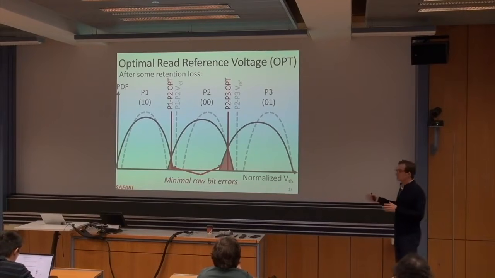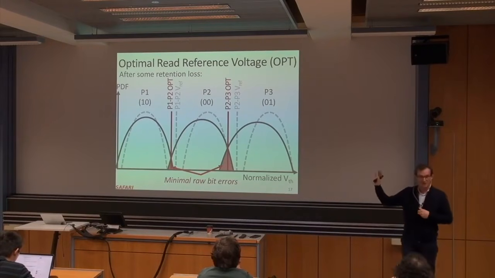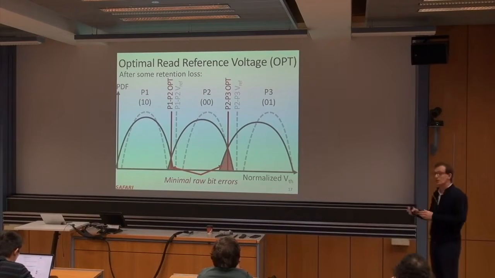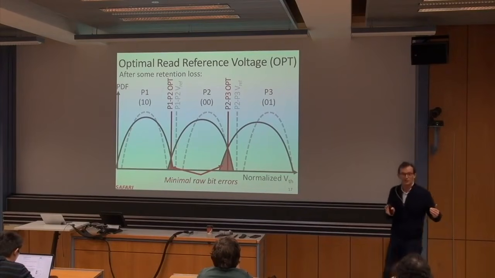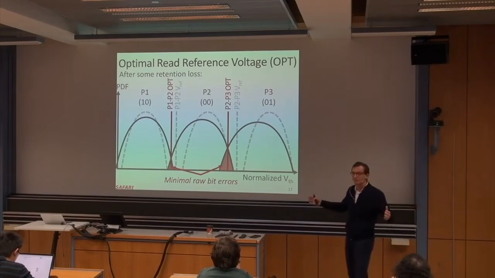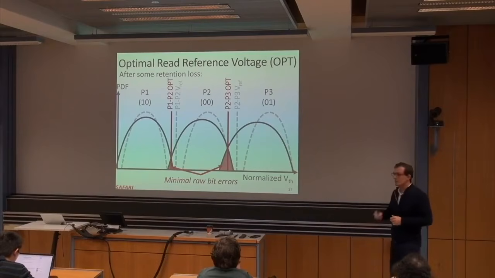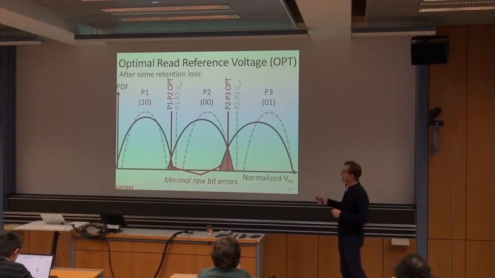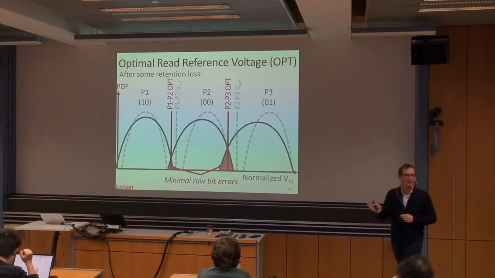So existing controllers will use techniques that I'm going to describe a little bit. They try to predict what the threshold voltage would be over time, and they try to minimize these retries as I described them. They try to predict, okay, maybe 5 days later the threshold voltage will be this, so they adapt the read reference voltage.